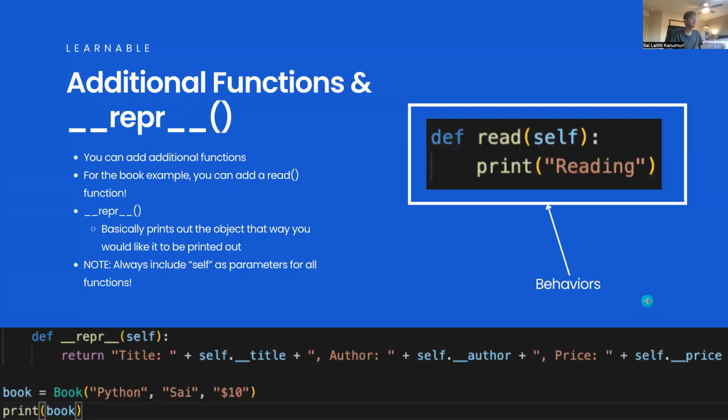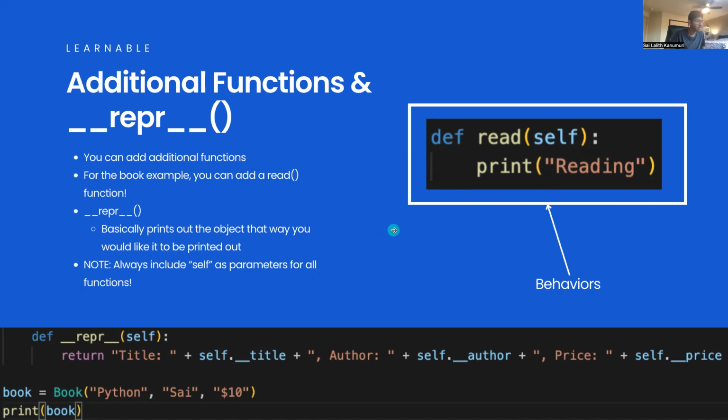And then we have additional functions, like the read function, which basically prints reading for the book class that we had. And you could also have the reproduce function, which basically prints out the object the way you'd like it to be printed out.